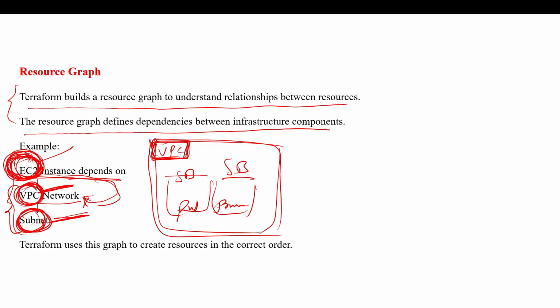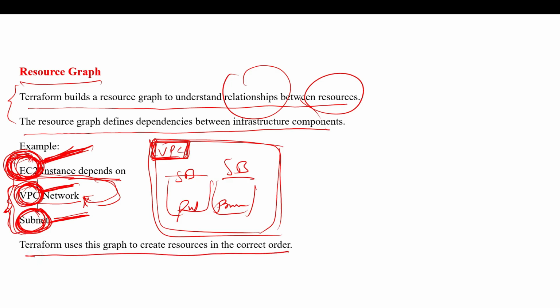This is called the resource graph, or the relationship between resources. The resources are the EC2 machine, VPC and subnet, and the relation is that the EC2 machine depends on VPC and subnet. Terraform uses this graph to create resources in the correct order. So Terraform should understand all these relationships between your components. Why?